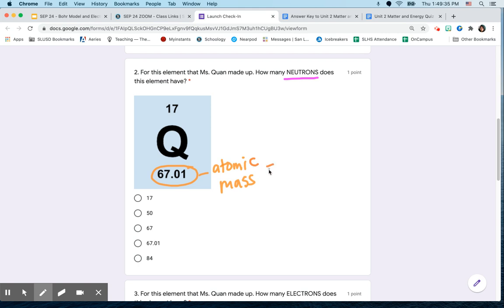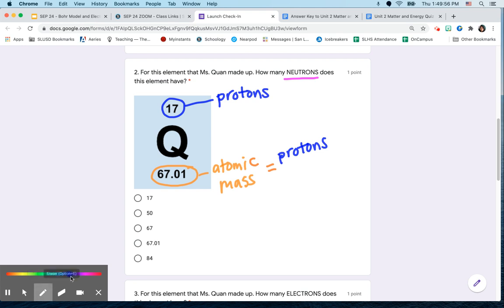And the atomic mass, or the weight of our atom, is made up of 2 numbers added up together. One of those numbers is our top number, our protons, that we mentioned earlier for question 1. And the other number is the number of neutrons.